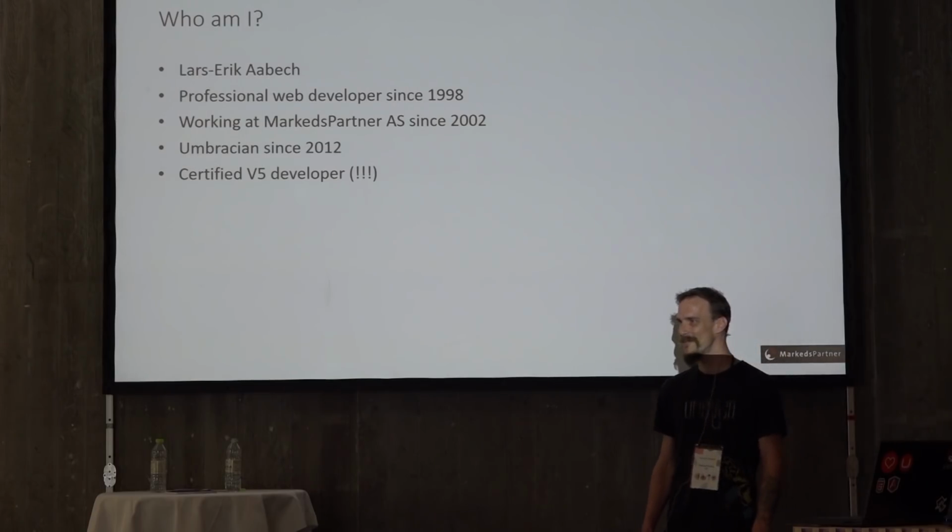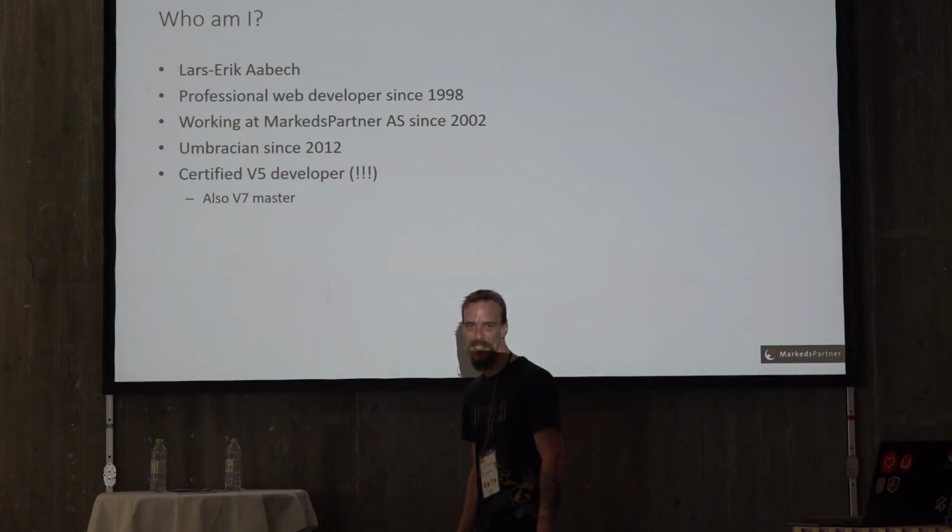We've been Umbracians since 2012, and we're really, really happy about that choice. Previously, we had our own CMS, and that's kind of a pain to maintain in the long run if you also do agency work. I'm a bona fide version 5 certified developer. Quite proud of that.